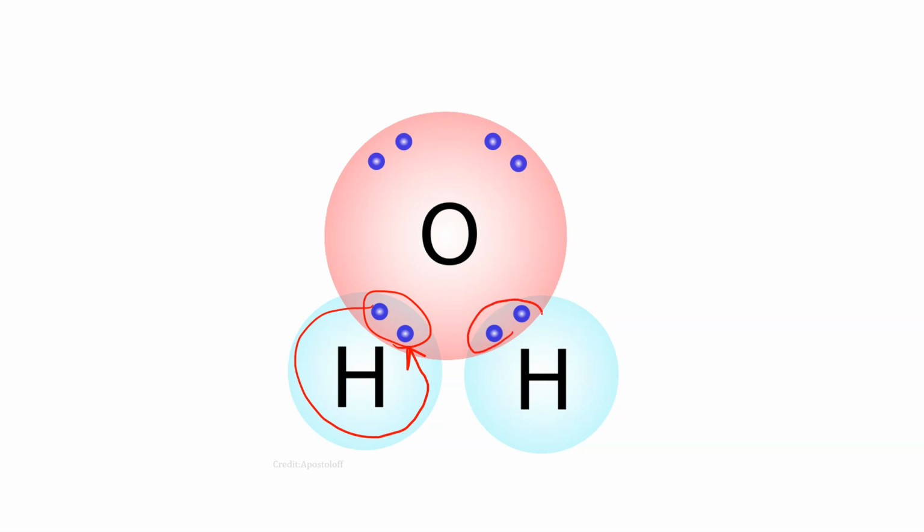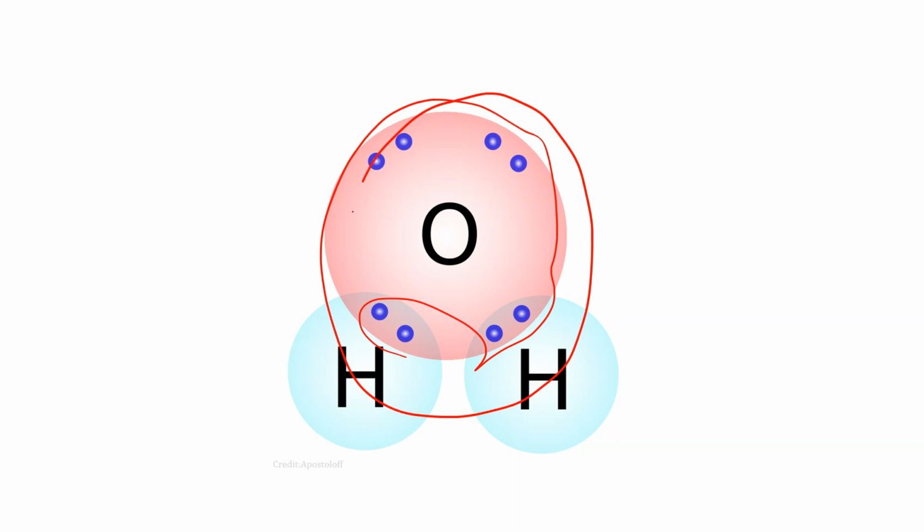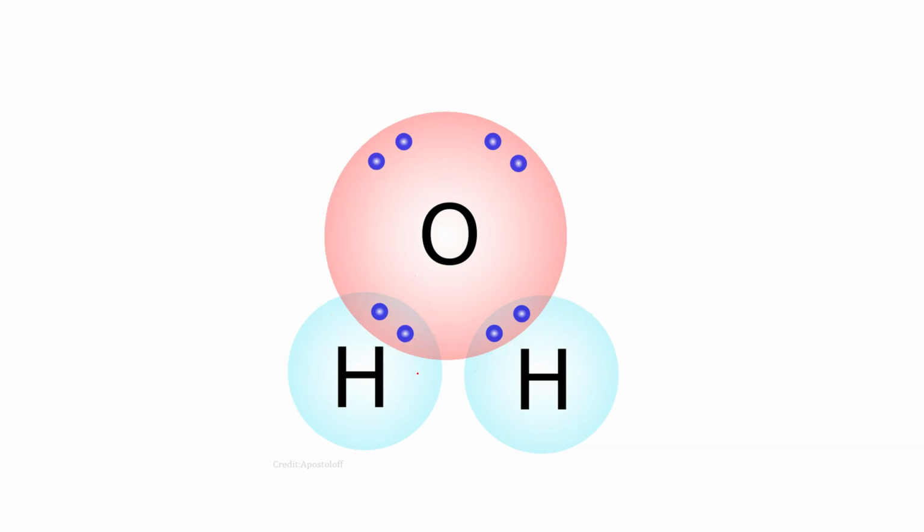And then for another moment, these two could whirl around this atom of hydrogen to make it feel like it has a full shell of electrons. Again, the very first shell only requires 2 electrons to fill it. Then oxygen, for a moment, can take all of these electrons and have them whirl around it, so that for a moment it feels like it has 8 electrons, even though it only has 6, because it's now sharing with hydrogens.